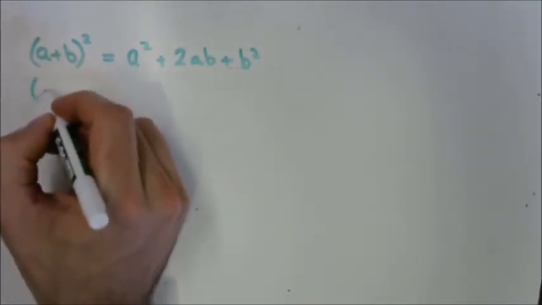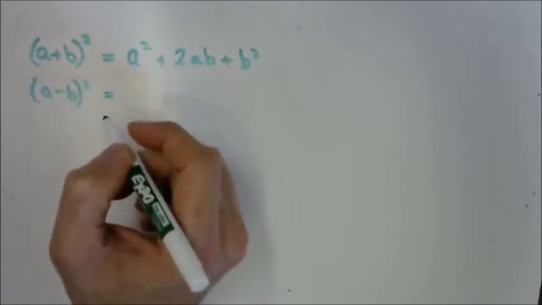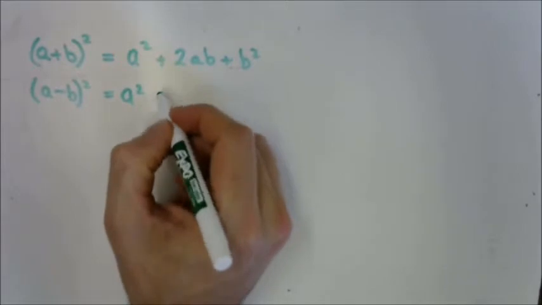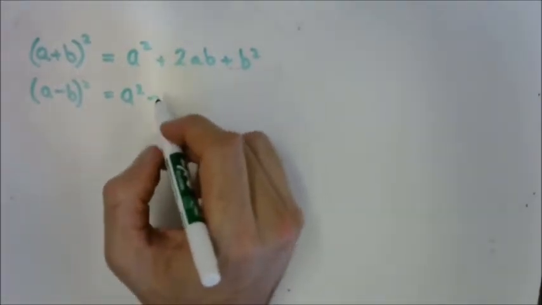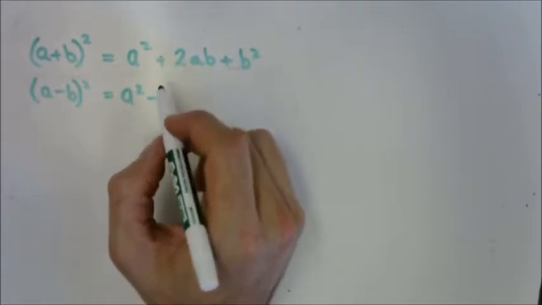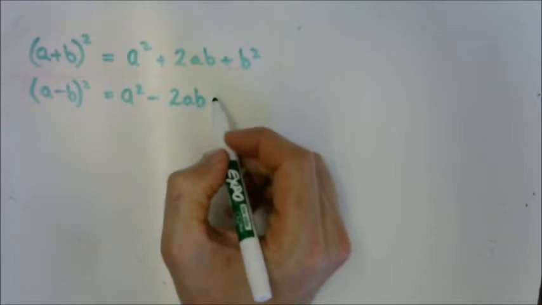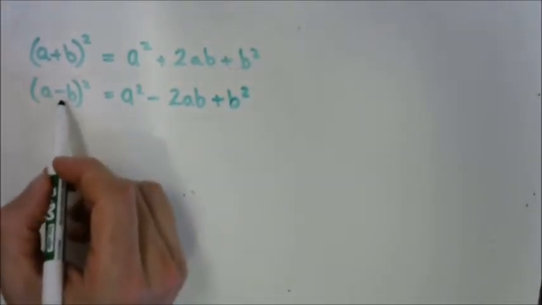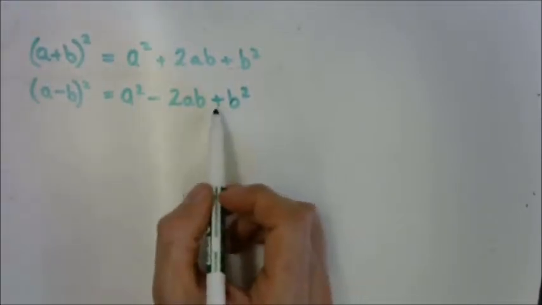If you have a squared binomial and there's subtraction in the middle, it's just a squared. And this time, the middle term is going to be minus. It's going to be subtraction. So it's subtract 2ab. The last term is still going to be plus b squared, because if you take a negative times a negative, you get a positive.